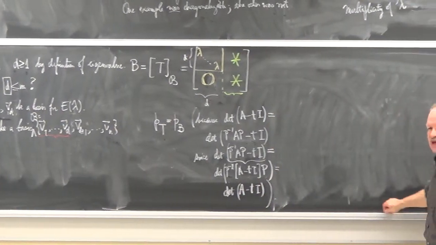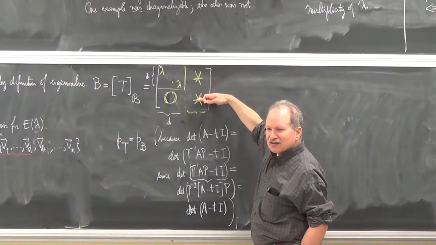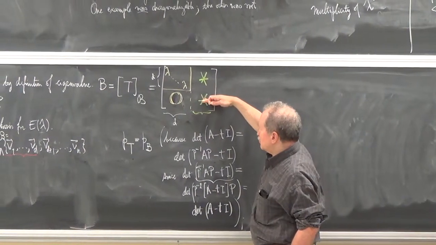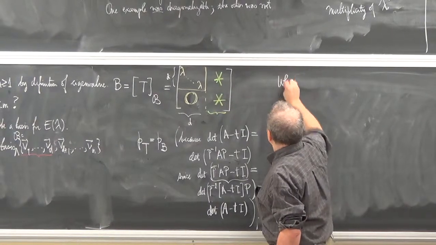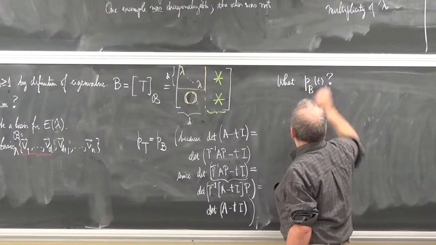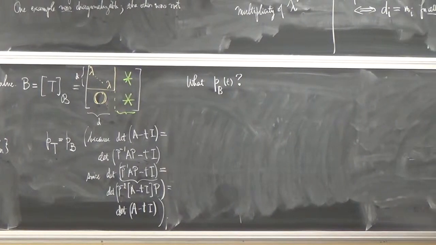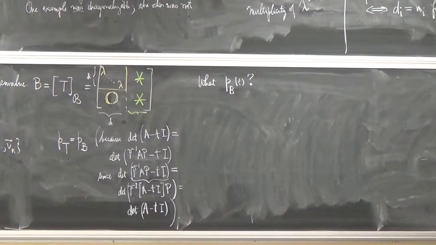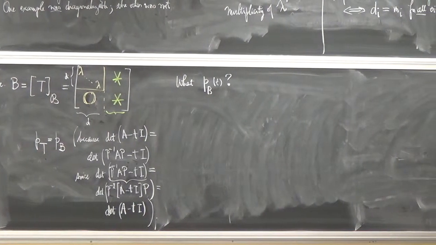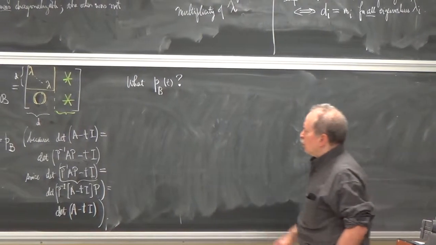So pray compute the characteristic polynomial of this matrix B. It would be t minus lambda, d times, wouldn't it? I mean, they're multiplying those together, t minus lambdas. What about all this junk?